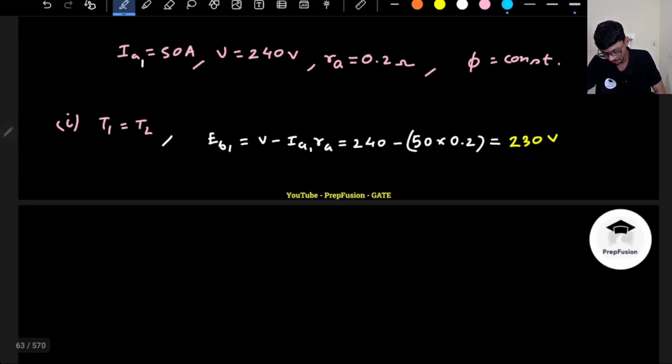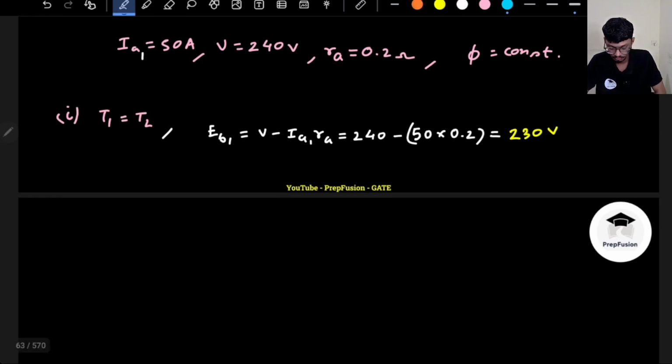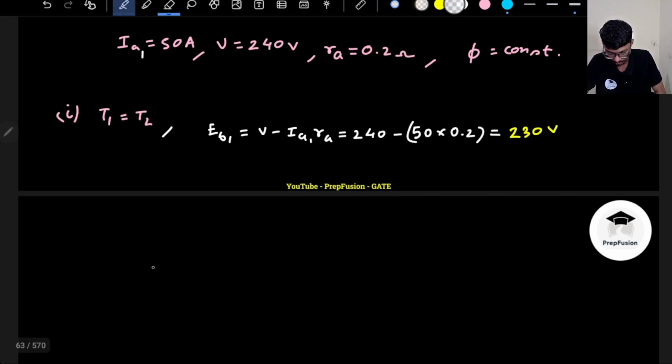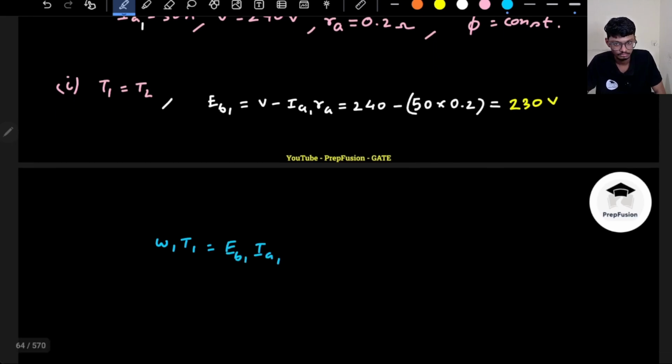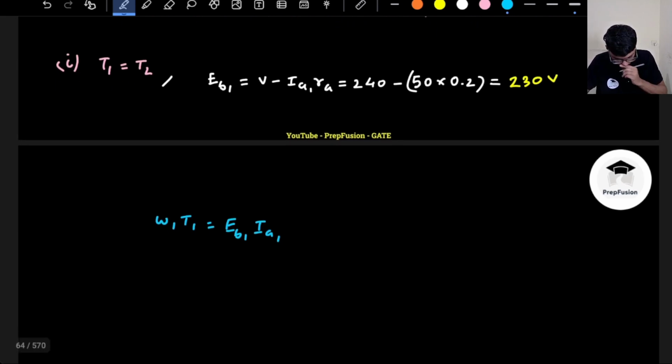Now in case 2, what will happen? Case 2, they have told me that torque will remain same. Few things I know. I know omega 1 into T1 is Eb1 into Ia1, right? This relation I know, correct? So one more thing I forgot to previously mention.